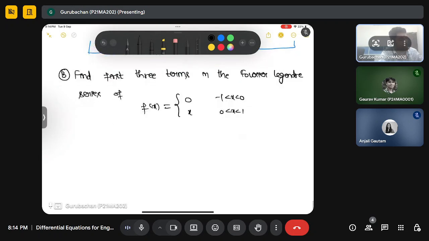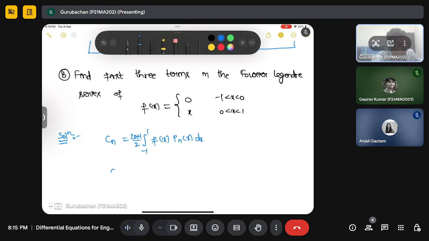So we need to write this Fourier series. What will we do? Again, we recall P naught x, P1 x, and P2 x. So Cn was (2n plus 1) by 2 integral from minus 1 to 1 of f(x) into Pn(x).